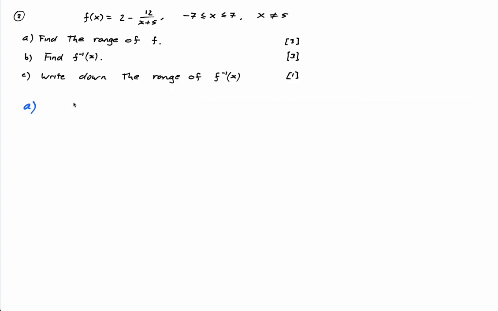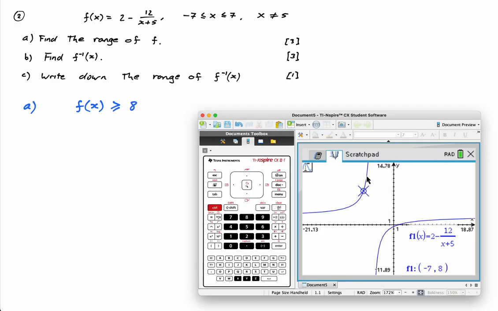So that means f of x is greater than or equal to, because it can be 8. So it's greater or equal to 8. And it can be anything bigger than 8, because, as I say, this approaches positive infinity. So it could be 8 million, whatever. It's anything bigger than 8.